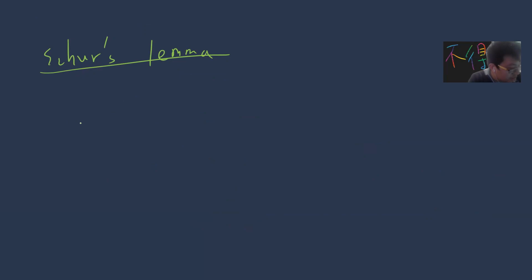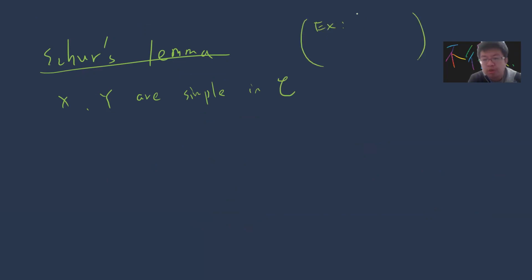Suppose you are in the Abelian category, and X and Y are simple objects. A very famous example is the representation category, where X and Y are both irreducible representations. Then Schur's lemma tells you that the only equivalence maps between the two are K-linear, K vector space maps. I think the good example is to think about group representations.